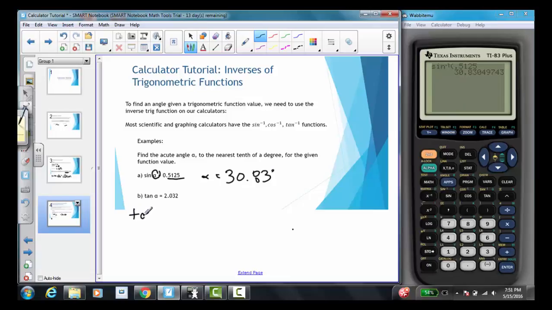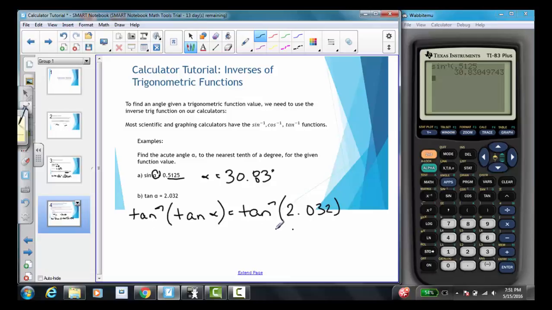Same thing here. I'm basically taking the inverse of both sides. So if I take tan inverse of tan alpha, and then I take the tan inverse of 2.032.